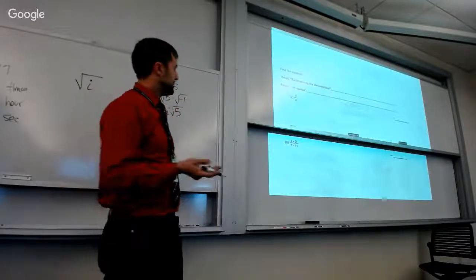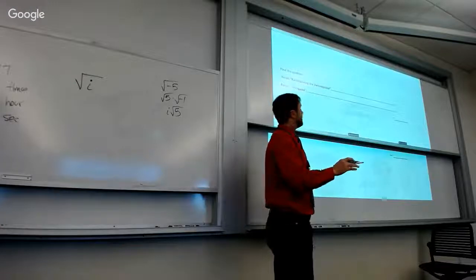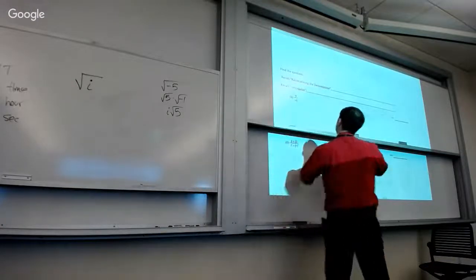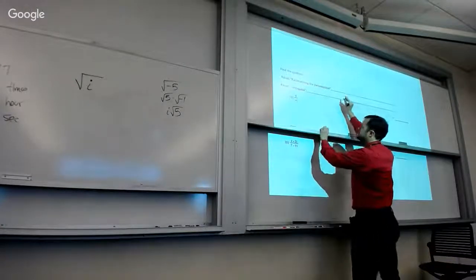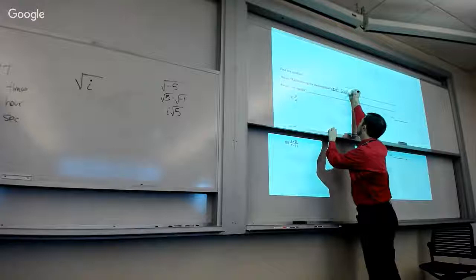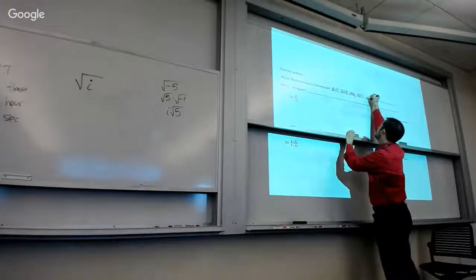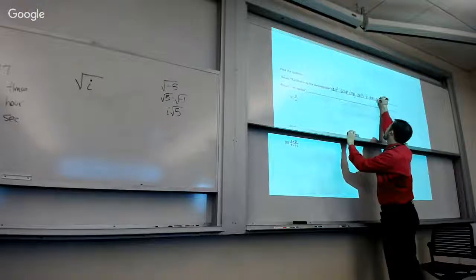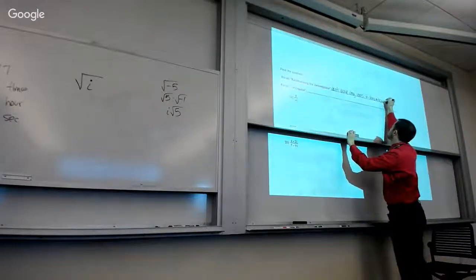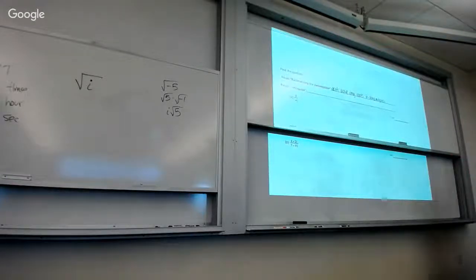I'm leading you into it. You're not supposed to leave any square root in the denominator, in fact. So the idea is that rationalizing the denominator means don't leave any roots in the denominator. All right, it's a mathematical party foul.